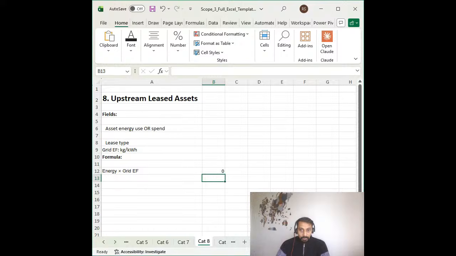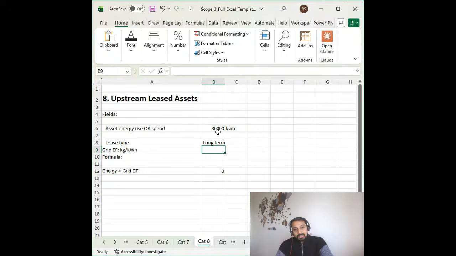For that, if you are calculating your electricity, then you require the energy per year that you have consumed. For example, you have utilized 80,000 kWh, or if you have any energy bill, you can utilize those data. And the lease type is a long-term lease. You can mention based on your lease agreement.